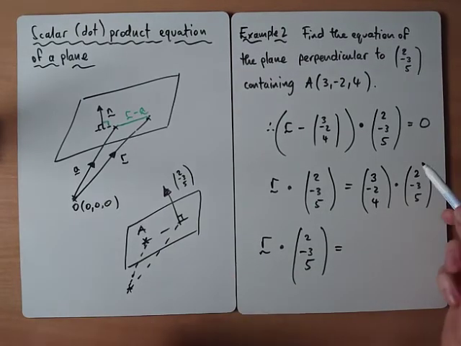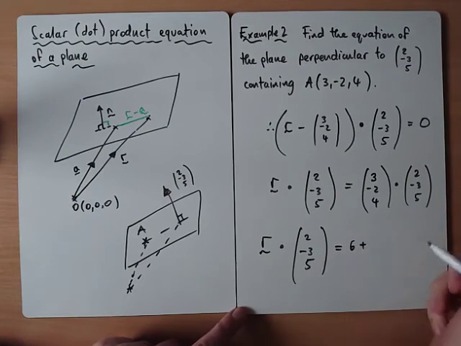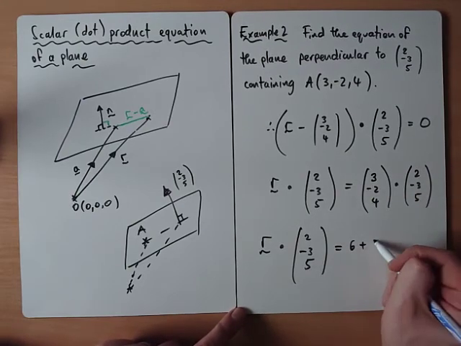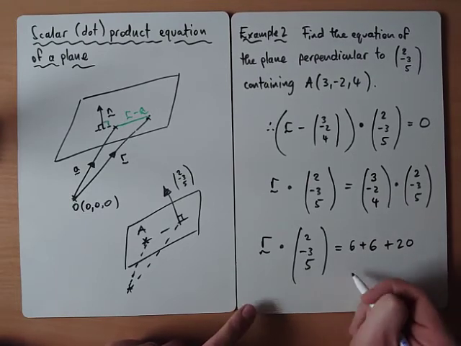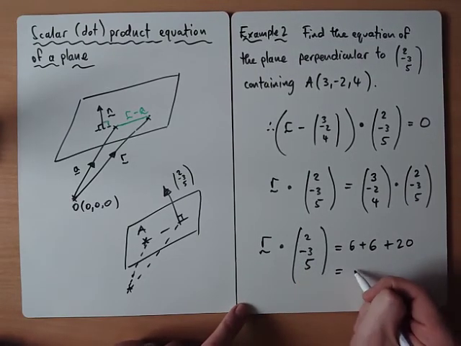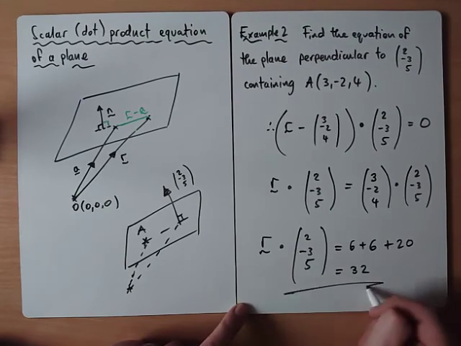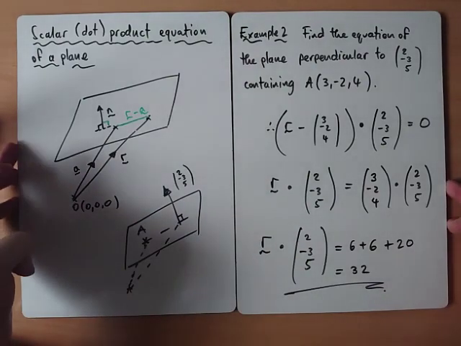Don't forget, when we do the dot product, we literally just multiply and add. So that would be 6 plus 6 plus 20. So we'd get R dot (2, -3, 5) equals 32.